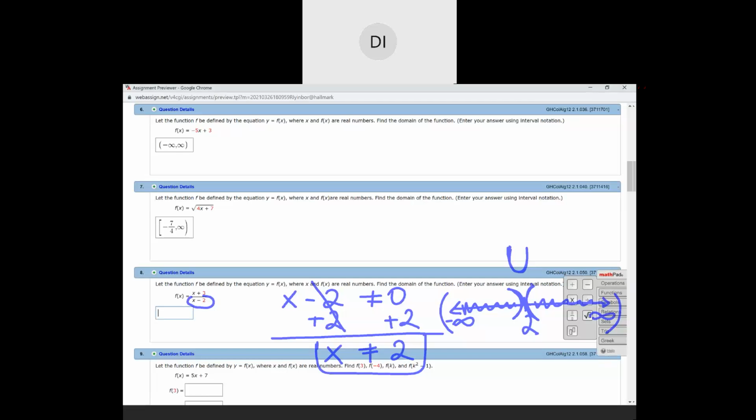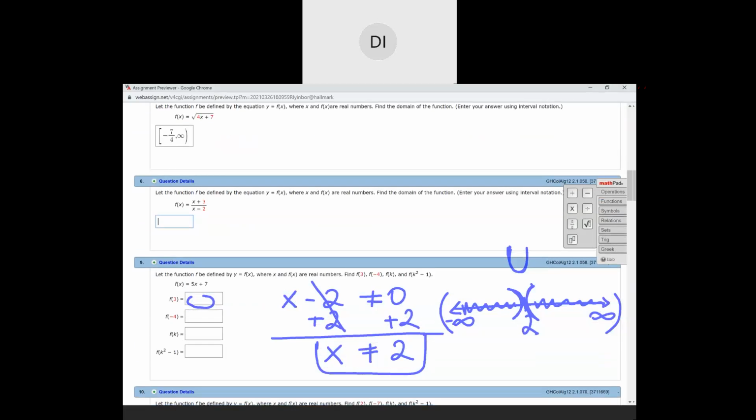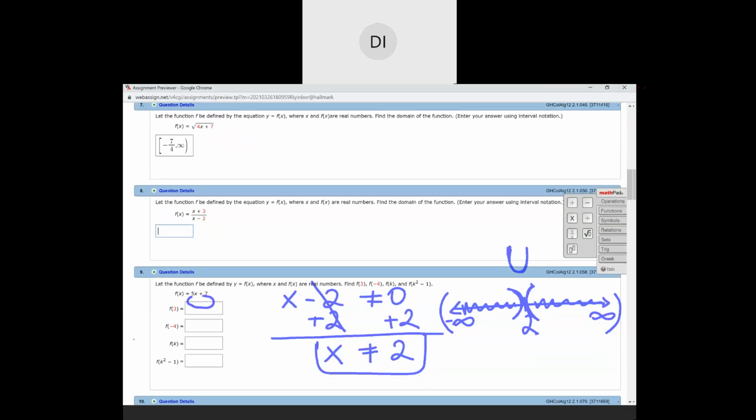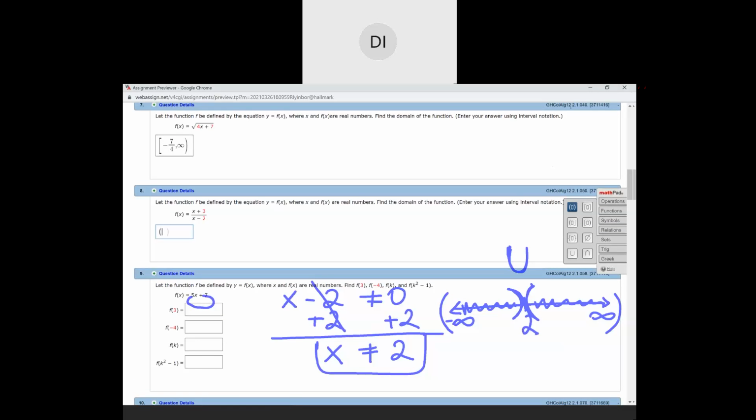So I'm going to go to the answer box, and I'm going to move it up so I can see the answer box. In the MathPath I'm using, I'm going to go to sets. I'm going to do parentheses, put negative, the infinity symbol, comma 2.